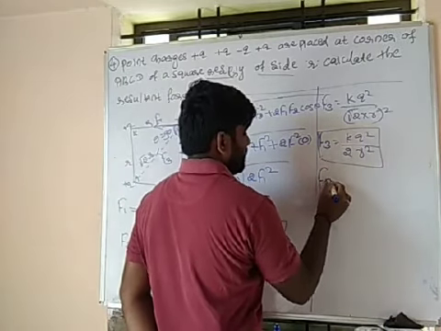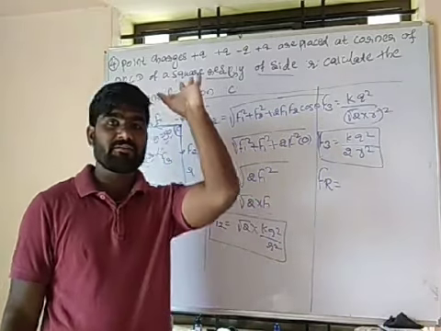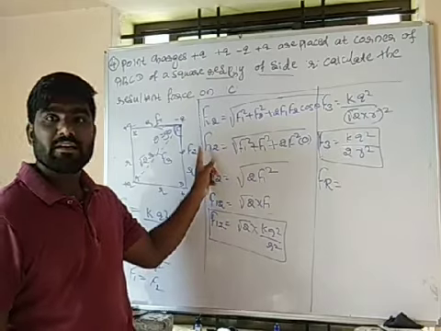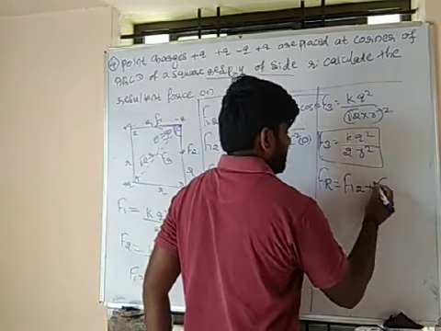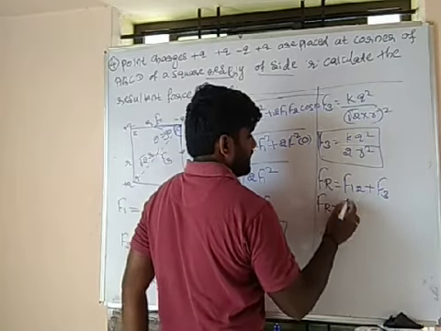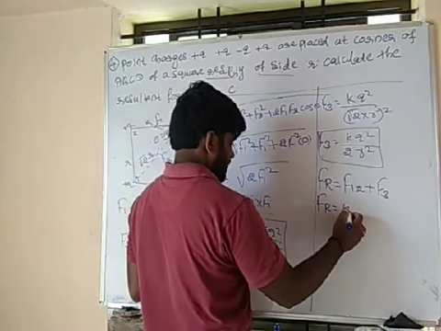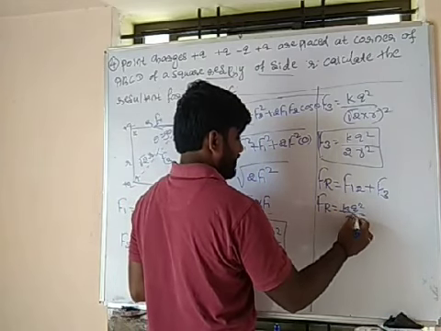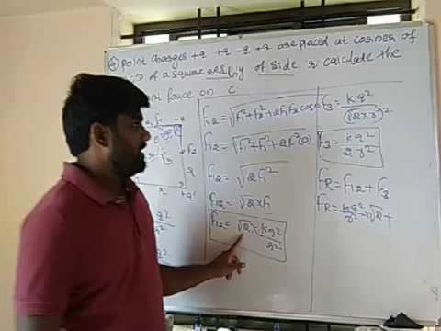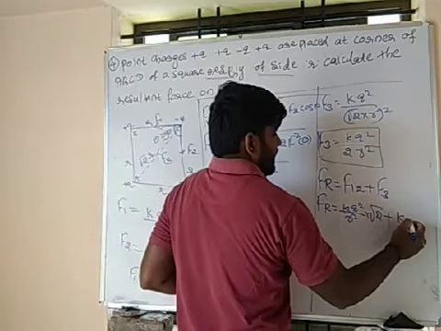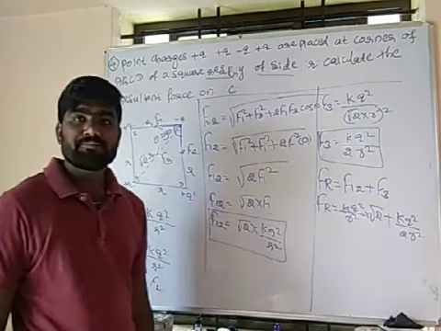Then this F resultant is equal to, how to calculate? F1 plus F2 plus F3. F12 I had calculated. Okay. So this F12 plus F3. So this F resultant is equal to F12, which is KQ square divided by R square into root 2, plus F3, KQ square divided by 2 R square.